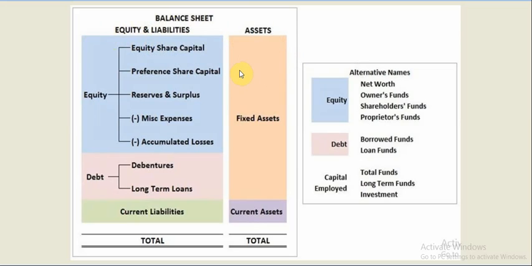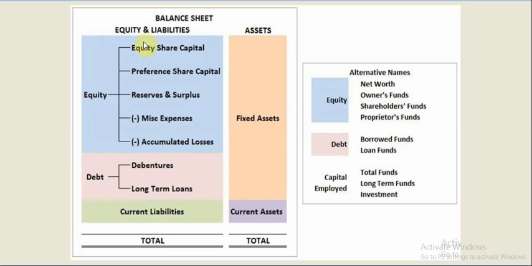To put it in short form, the equity and liabilities side will show the sources of funds and the asset side will show the application of funds. So one source of fund is equity. That is, from the owners we receive money. That is what equity is. Equity is owners' funds, because equity is what the company owes to the owners, or the fund that belongs to the owners. We call that equity.